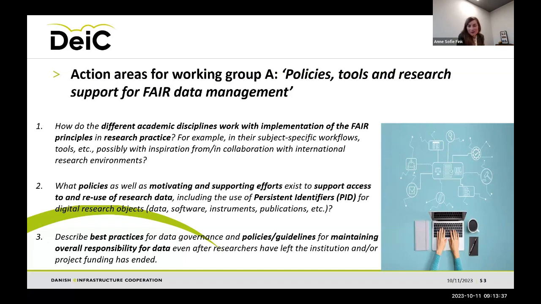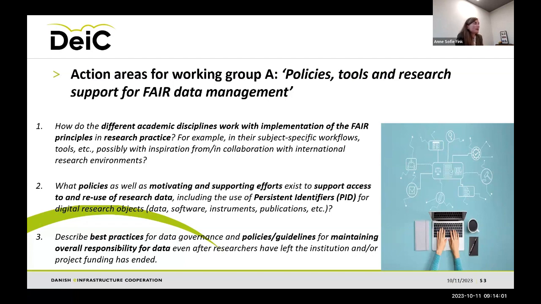And of course, let's mention that we have a special focus on the use of persistent identifiers, very much also work done in the FAIR Impact project, but it's one of the key aspects of making a FAIR implementation.